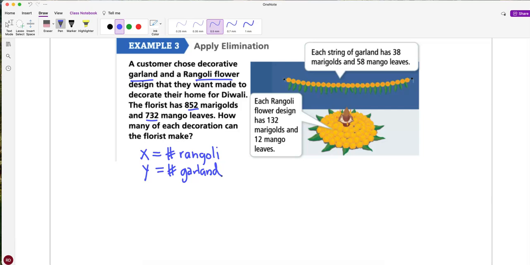So 38y plus 132 on the rangoli, so 132x.